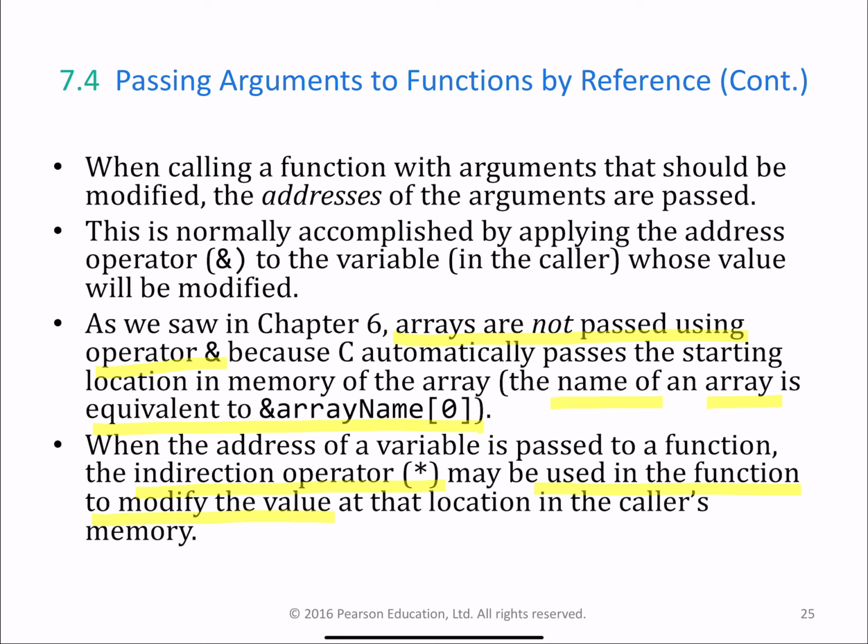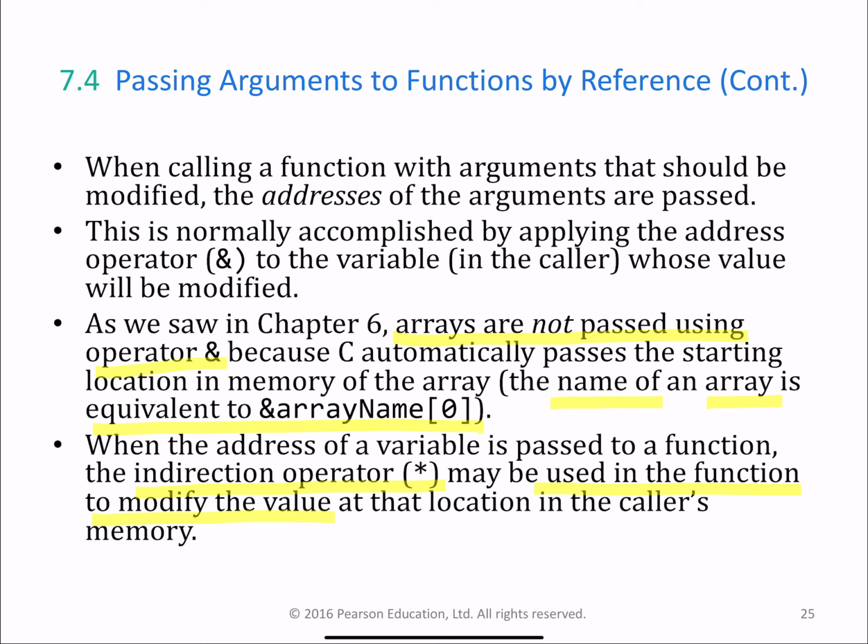Now, whenever we want to pass arguments by reference to give the called function the ability to modify the values of the arguments in the caller function, we do it by sending the address of those arguments.